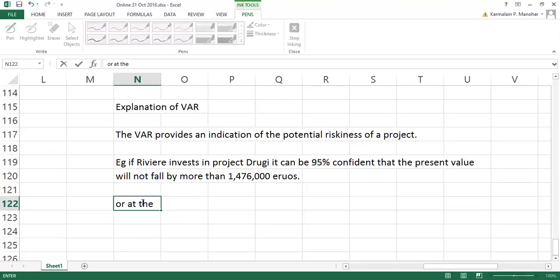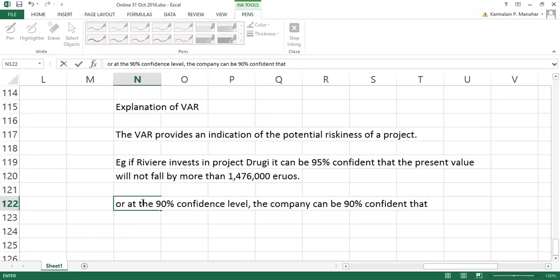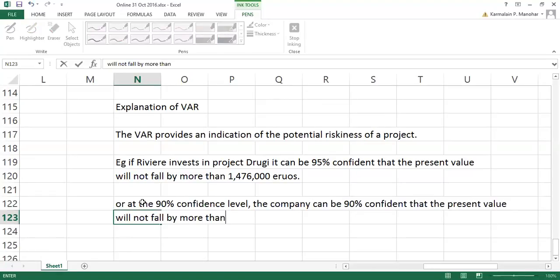at the 90% confidence level, the company can be 90% confident that present value will not fall by more than the next number we found, 1,145,000 euros.